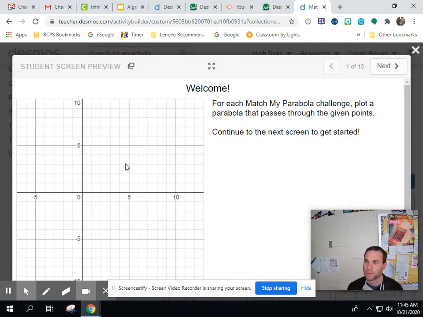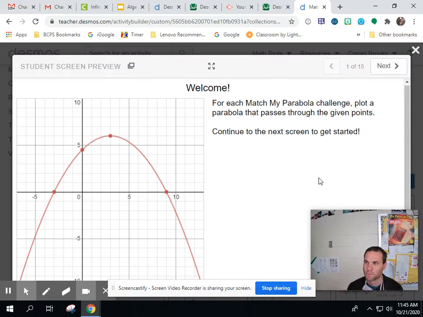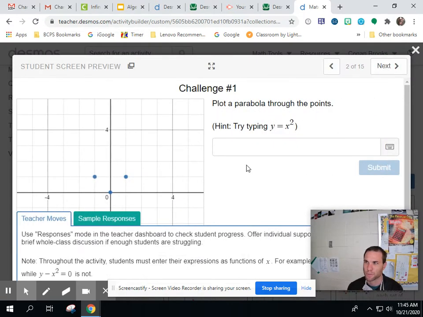There it is. Okay, so here's the preview, and it says, okay, we want to go through these 3 dots. So how do we go through these 3 dots?